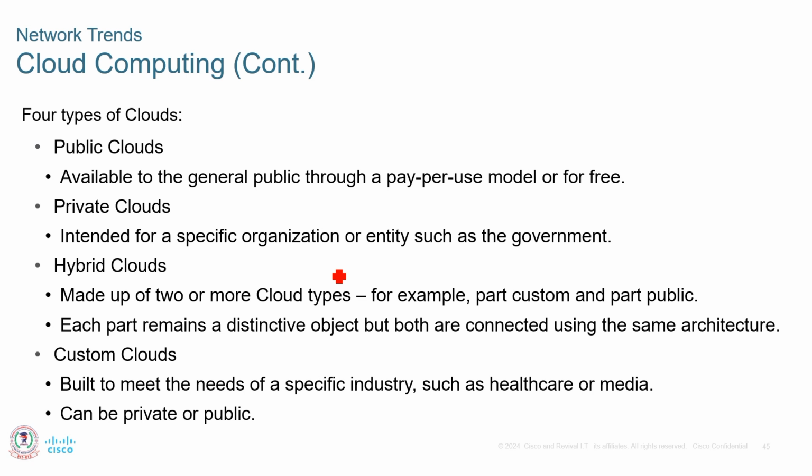You have the hybrid, made up of two or more cloud types, for example part custom and part government. Each part remains a distinct object, and both are connected using the same architecture.